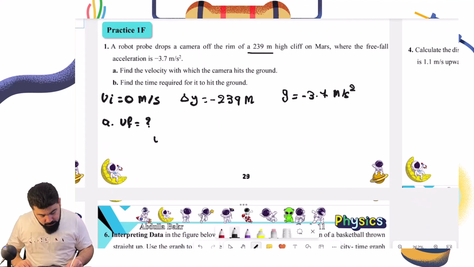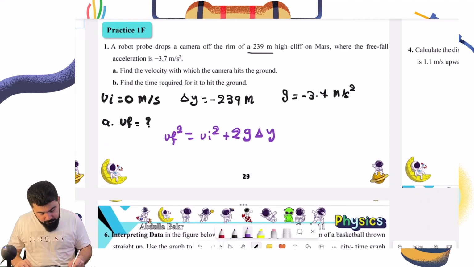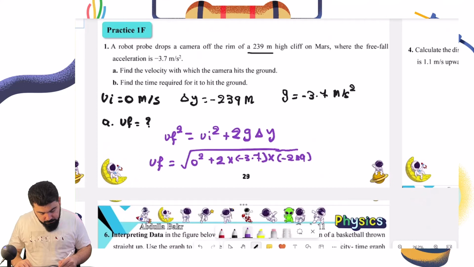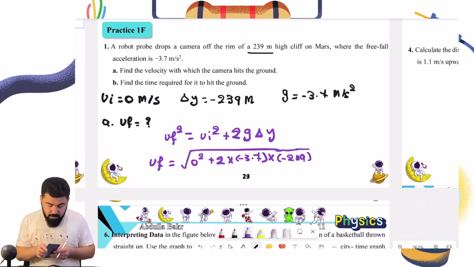We're going to say V final squared is equal to V initial squared plus 2g delta y. Let's take the square root directly: V final is equal to the square root of 0 squared plus 2 times negative 3.7 times negative 239. The 0 we don't have to care about.